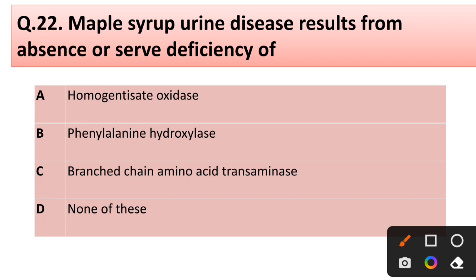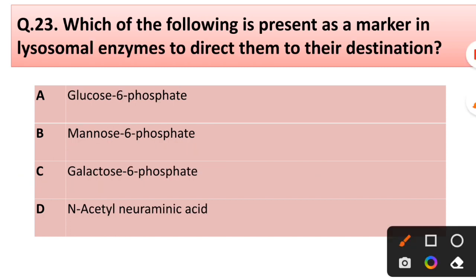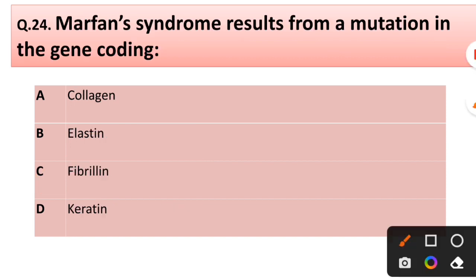Correct answer is option C, branched chain amino acid transaminase. Question number 23. Which of the following is present as a marker in lysosomal enzymes to direct them to their destination? Glucose 6-phosphate, mannose 6-phosphate, galactose 6-phosphate, and acetylneuraminic acid. Correct answer is option C, galactose 6-phosphate.